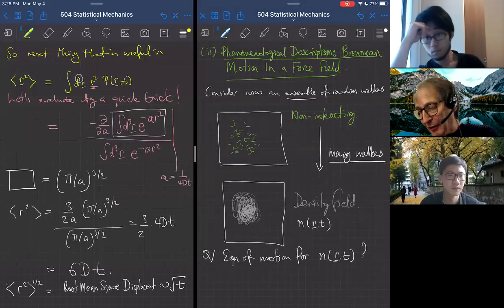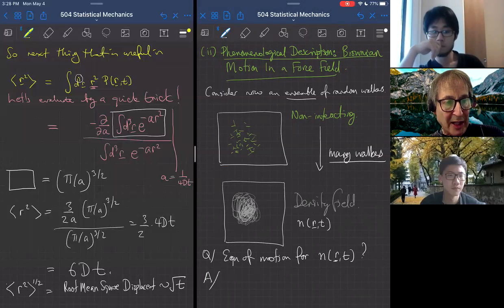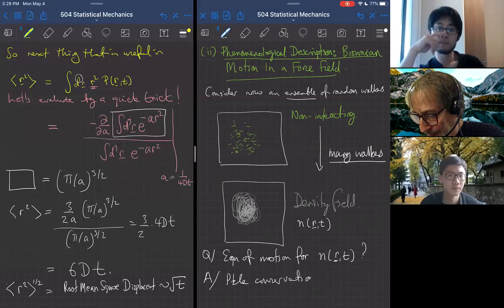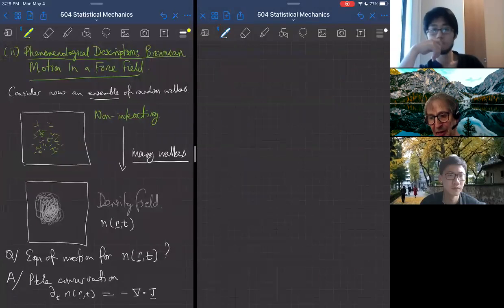We can get that very simply because we know that particles are neither created nor destroyed. And so first of all, we have particle conservation. What that tells you then is that dn of r by dt is going to equal minus the divergence of a current of particles. So that's just particle conservation.